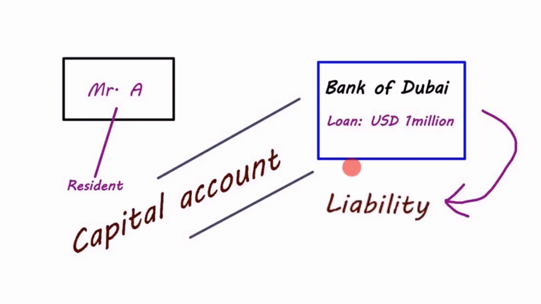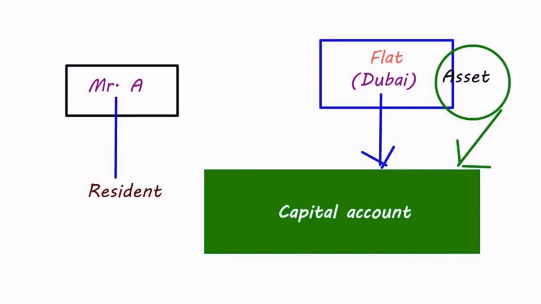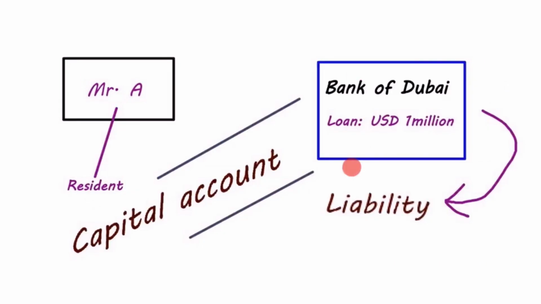Next example. Again, Mr. A is a resident here and he is taking a loan, not in India. Where is he taking the loan? In Bank of Dubai. He is taking 1 million, in whatever the currency of Dubai is, dirhams. He is taking a loan over there. That becomes a liability. Earlier he was purchasing a flat, which becomes an asset. Here he is taking a loan from a bank of some other country.